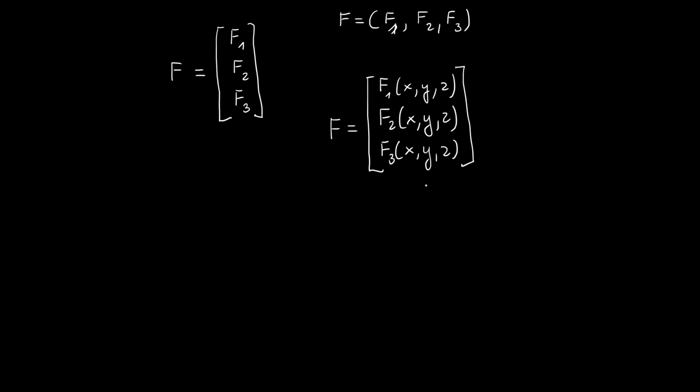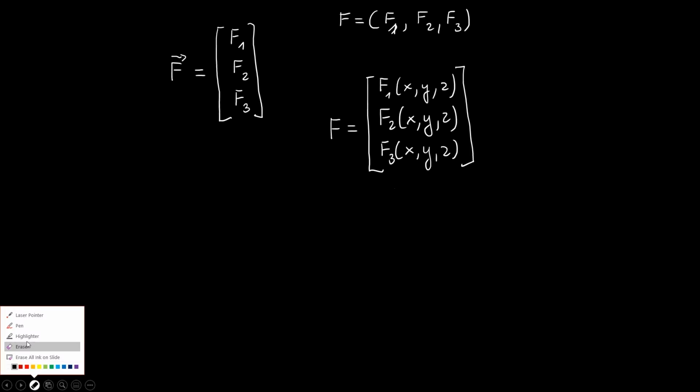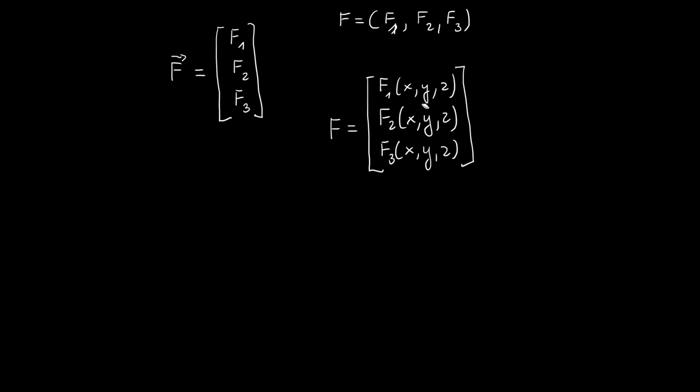So this is a function which has three real numbers as value and three real numbers as arguments. I will now change a convention a bit, and you will know why I'm doing this in a few minutes. Instead of talking about x, y, z as coordinates, we will use x1, x2, x3 as coordinates.